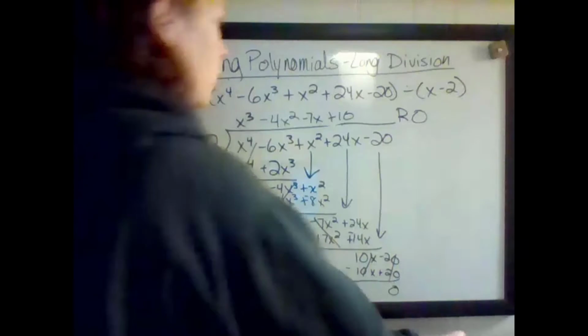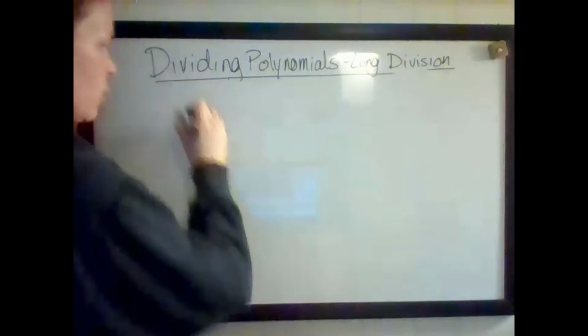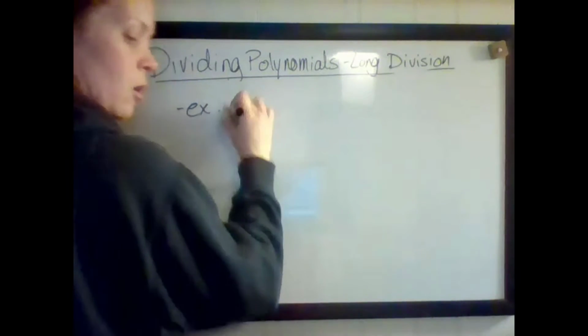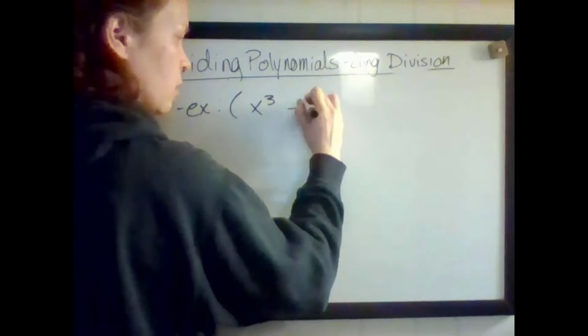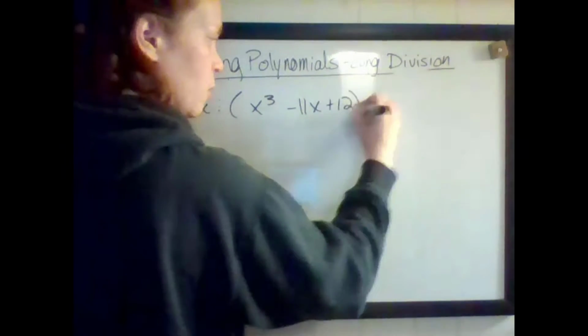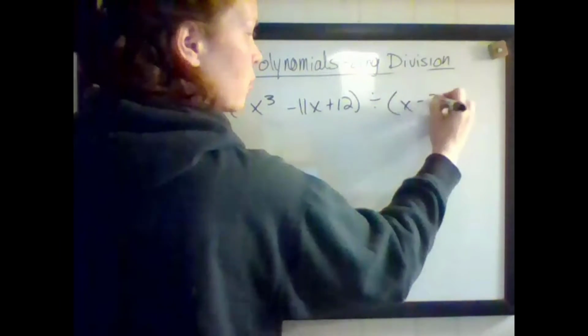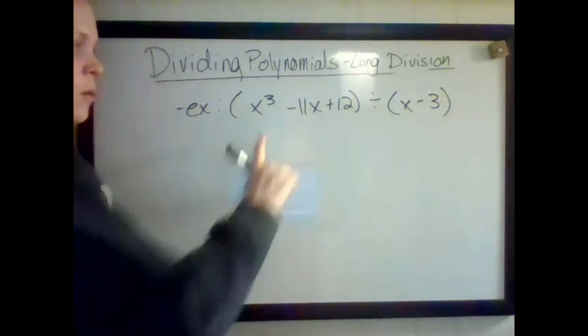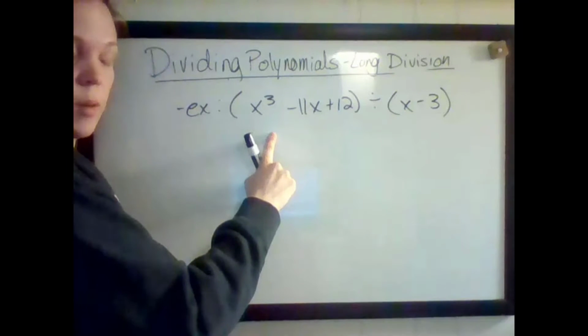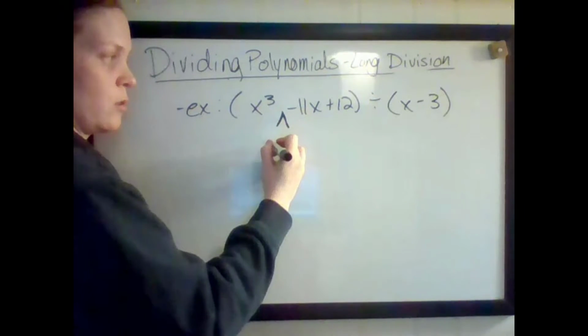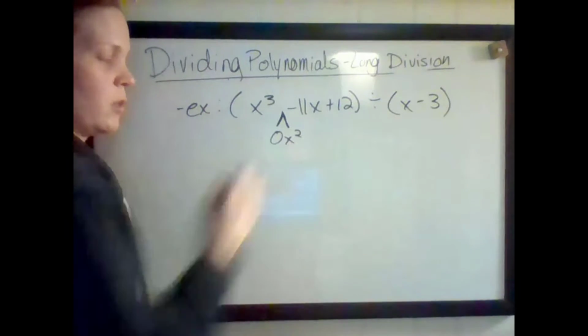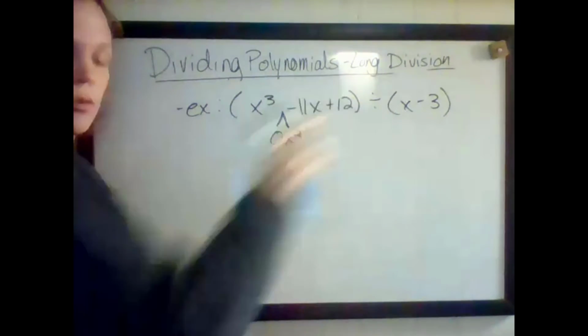Okay, so let's do one more. For this next one, we'll do x cubed minus 11x plus 12 divided by x minus 3. Now this one, maybe you notice right here, there's no x squared term, so we have to put one in, 0x squared.